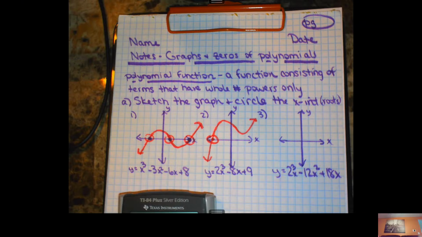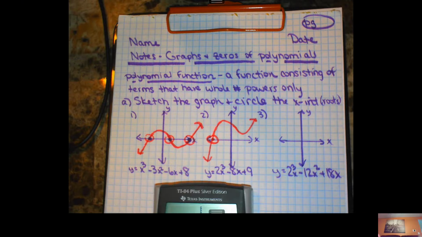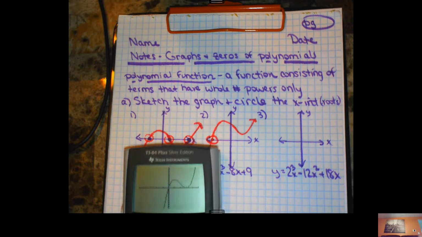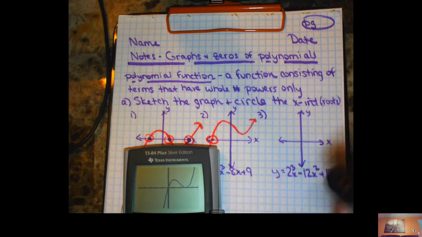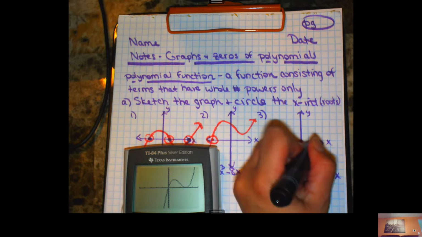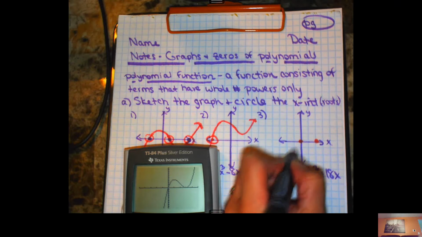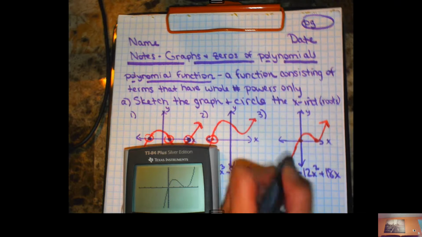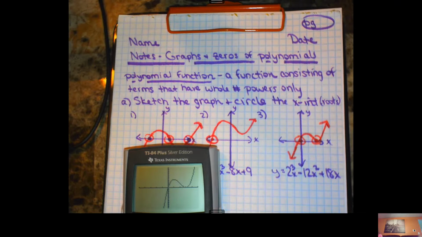So if I hit graph, notice on this one, it goes up, hits the x-axis, it goes right back up. So we're going to make it look something like that. As soon as it hits the x-axis, I bounce it back up again. So here we have two x-intercepts.